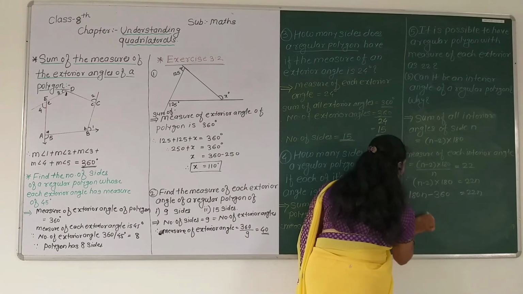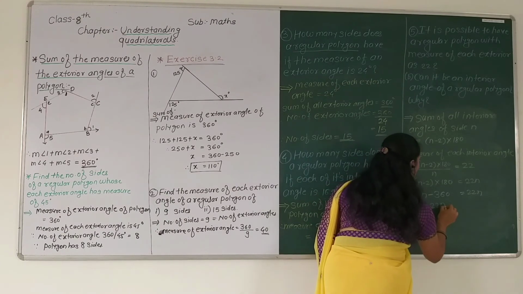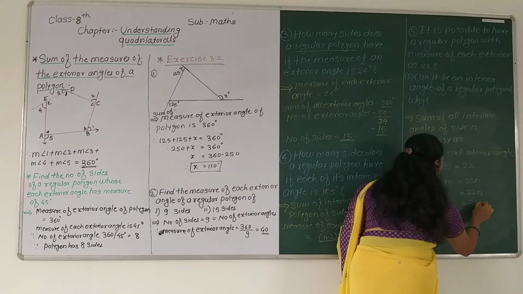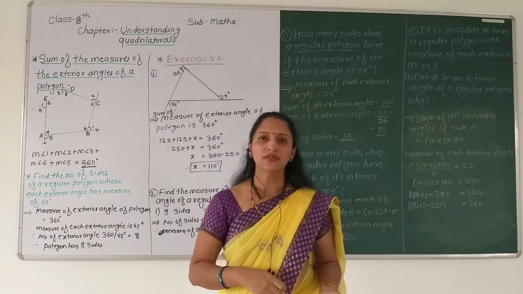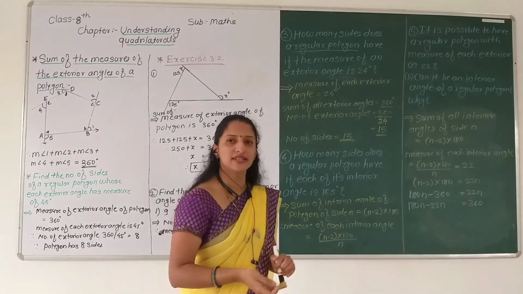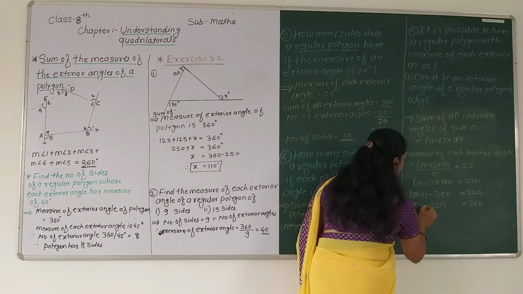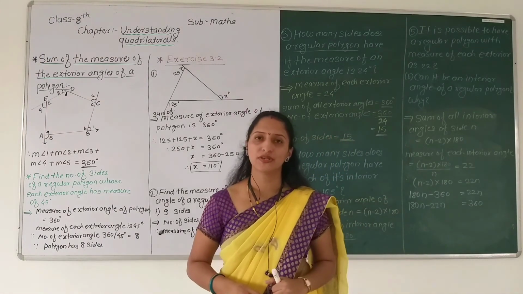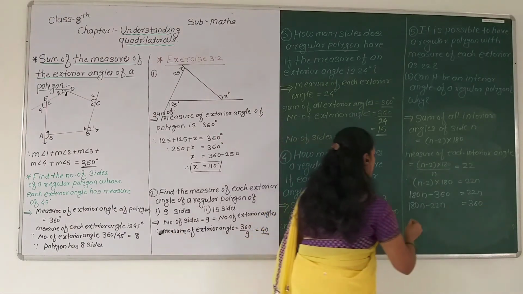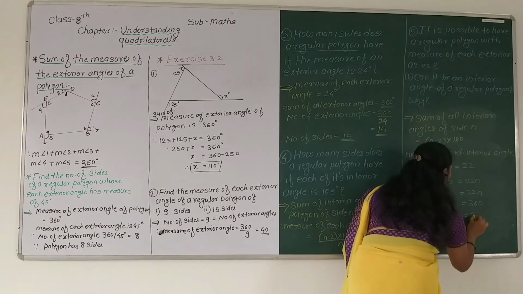So just try to solve this. 180n minus 22n is equal to 360, transposing n on the left hand side and 360 on the right hand side. Now 180 minus 22, how much? 158, right? So 158n is equal to 360.